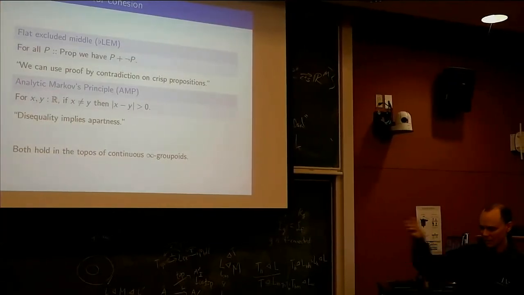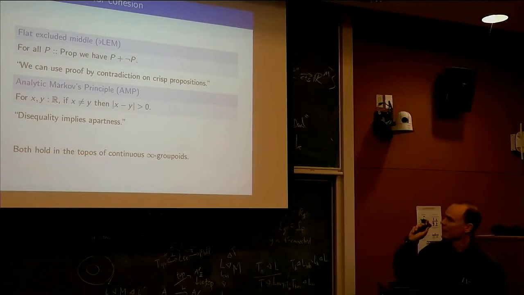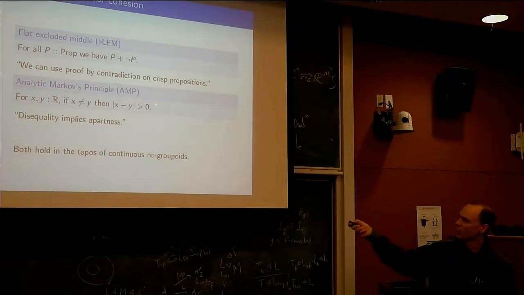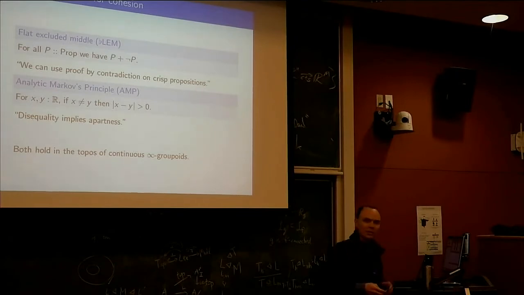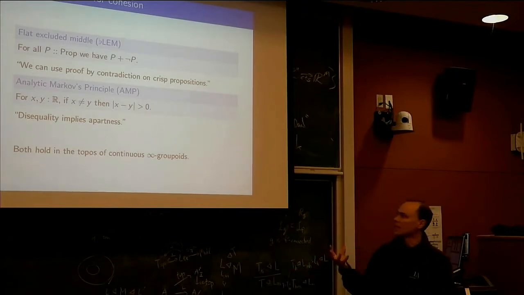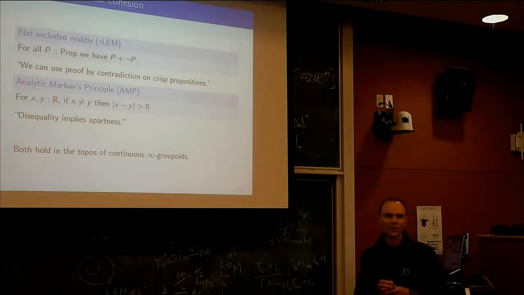This was a name suggested by Tony Bartels. The idea is that if I say this for the Cauchy real numbers defined as equivalence classes of Cauchy sequences, then this statement for Cauchy real numbers is equivalent to what we call ordinary Markov's principle: that if a computation can't fail to halt, then it does.